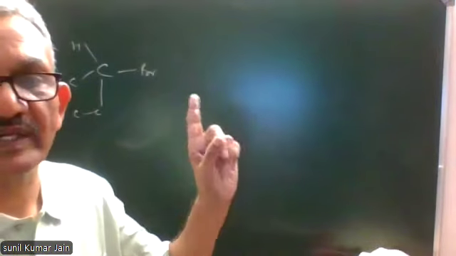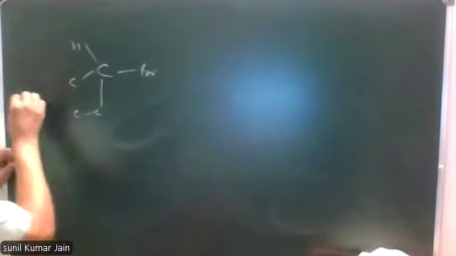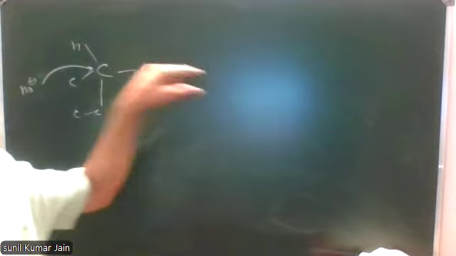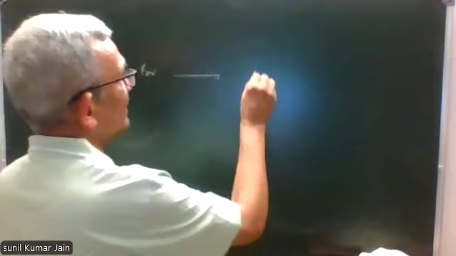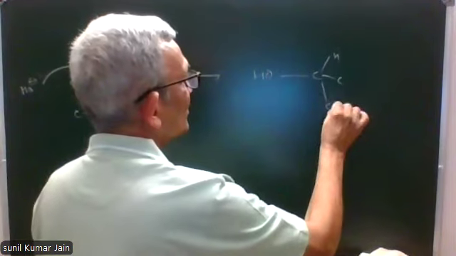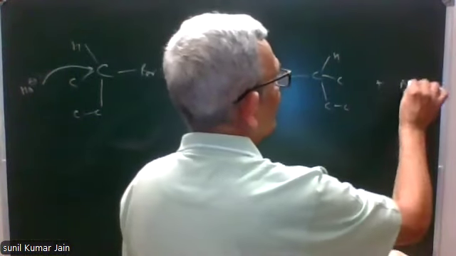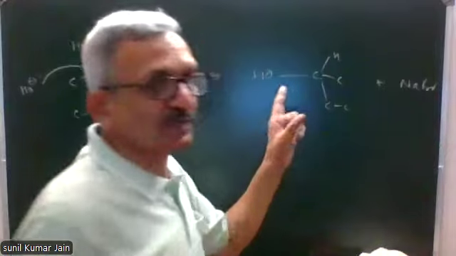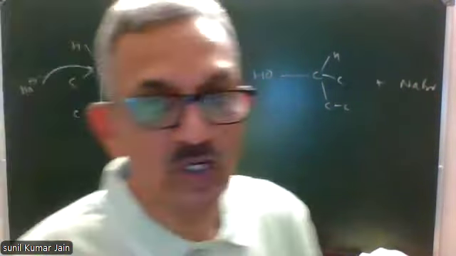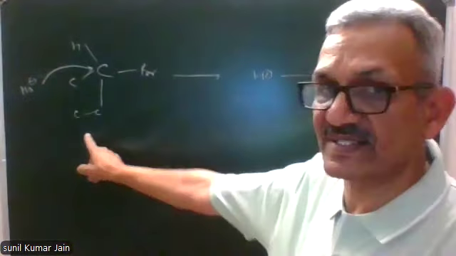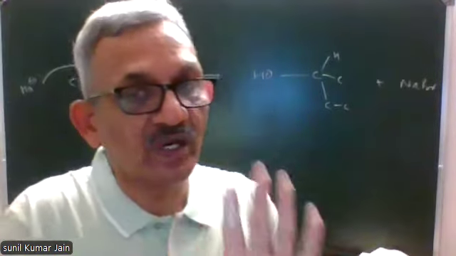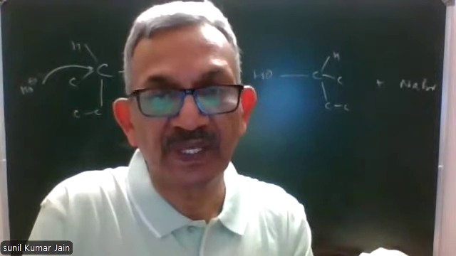If this undergoes reaction by the SN2 mechanism, hydroxide ions will attack from the backside, and this will lead to the formation of the product. And this product will have an inverted configuration. Now, this does not mean that if this reactant is dextrorotatory, then the product is levorotatory. Now, there is confusion here.